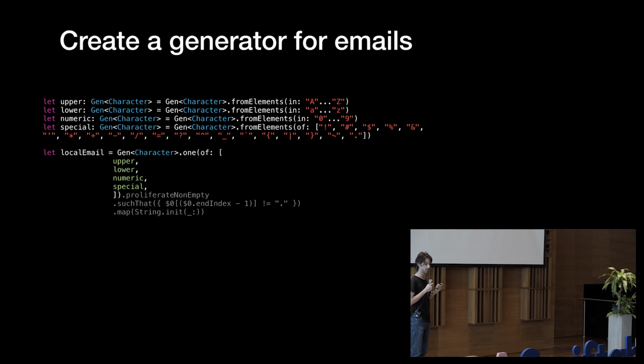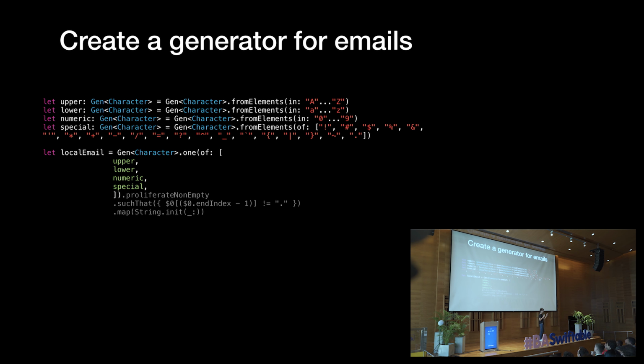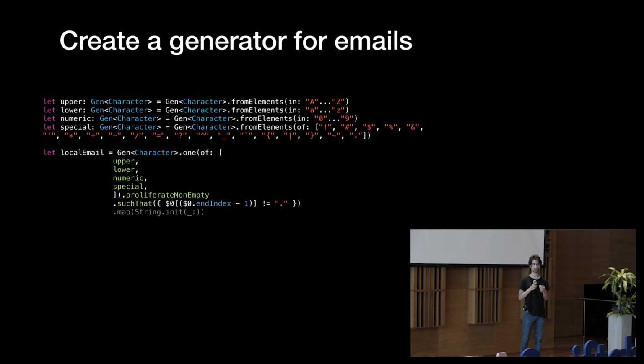Then using this, we generate what is called the local part of the email, so it's everything that's before the @ sign, by saying, well, a character in this local part of the email can be either an upper, lowercase, numeric, or special character. It cannot be empty, because that part of the email is not allowed to be empty. It cannot end with a dot, because that's also forbidden in an email address.